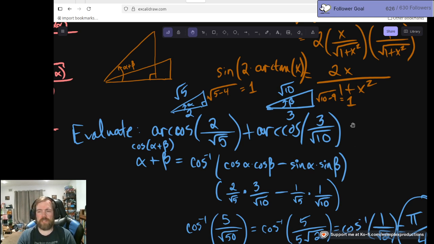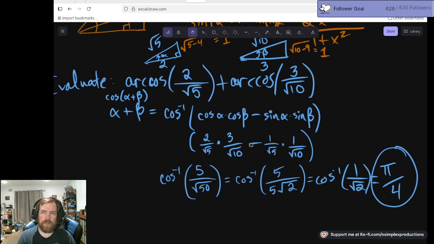Over here, same deal. We have a 3 along the x-axis. We have root 10 as the hypotenuse, and so we find that we also get a 1 for the vertical side. Again, less than 45 degrees. That becomes relevant in a minute.